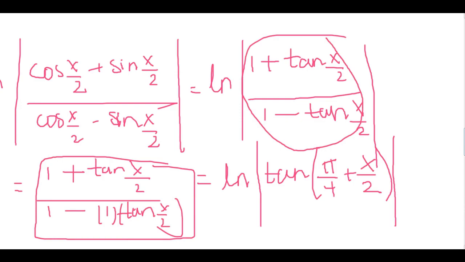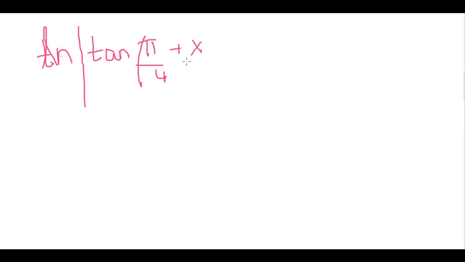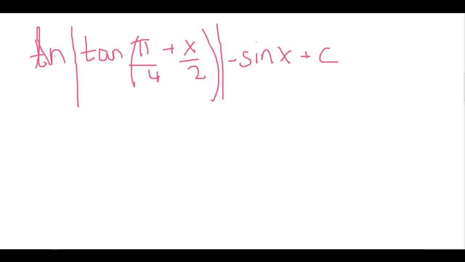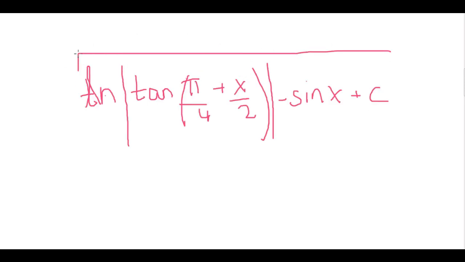So the integral basically becomes ln of tan of pi by 4 plus x by 2, and we have minus sin x plus c. So this would be the answer for that integral.